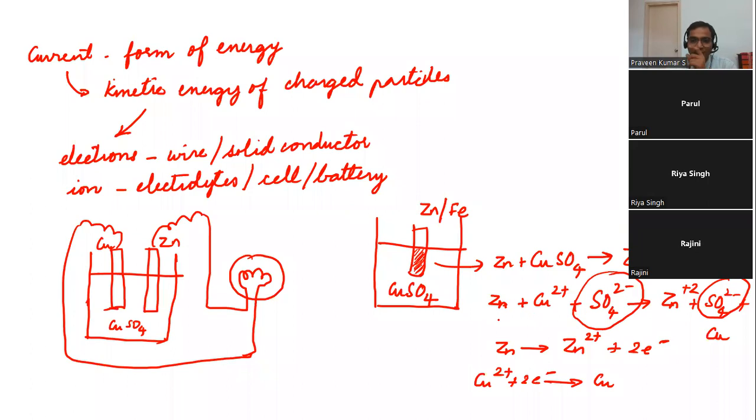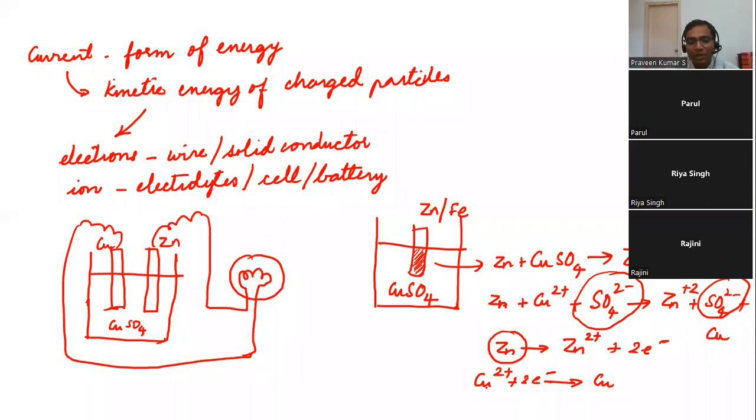So if you observe the zinc, on the left hand side zinc is an atom. It has no charge here. So this zinc atom, if it were to become a zinc ion, getting two positive charges, doesn't it mean that it has to give away two electrons? Correct.